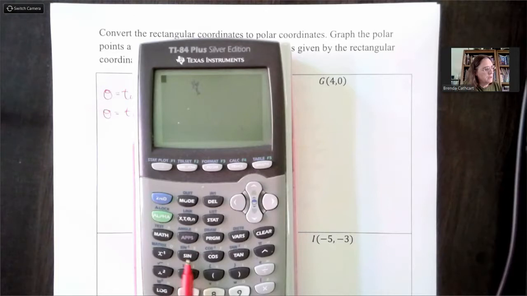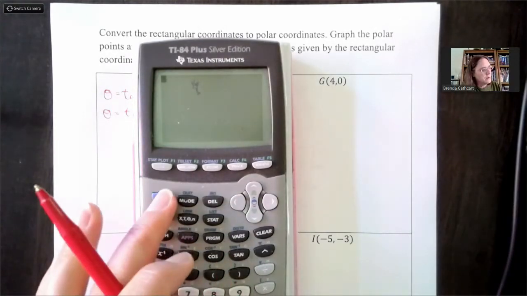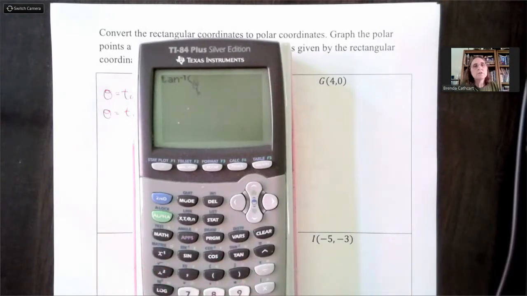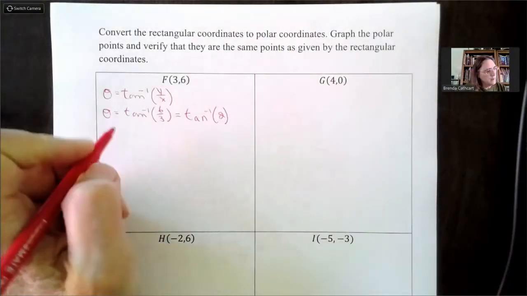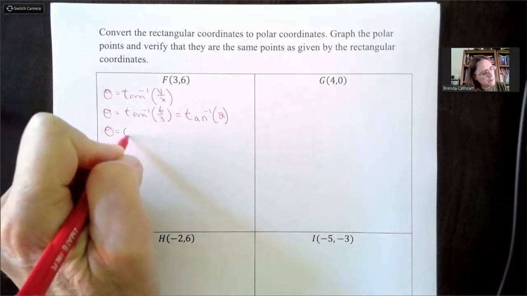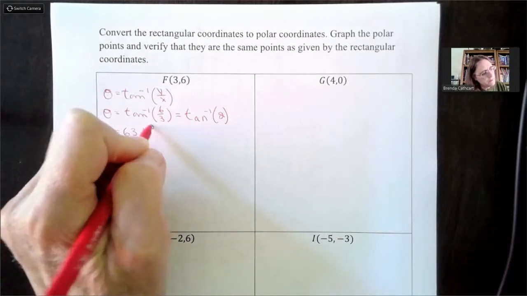When we did sine, cosine or tangent, we put in an angle and got a ratio out. When we use our second function keys, we enter that ratio and get an angle back. So second function tan of 2 is 63.4 degrees. So our angle is 63.4 degrees.